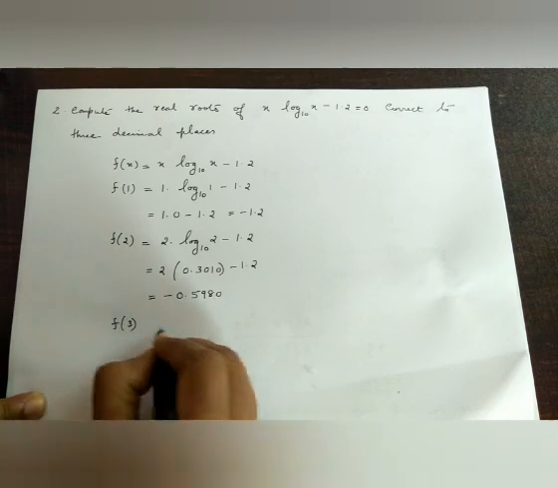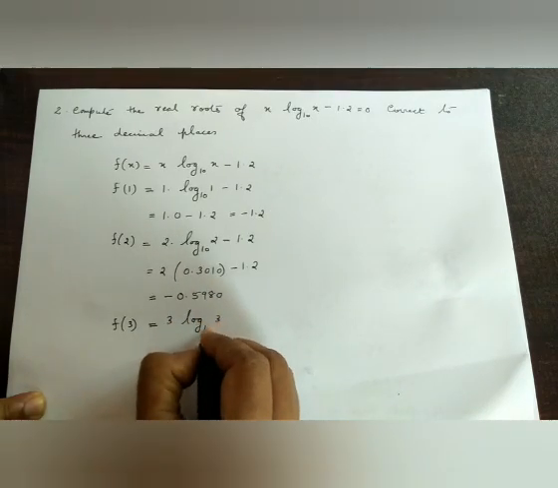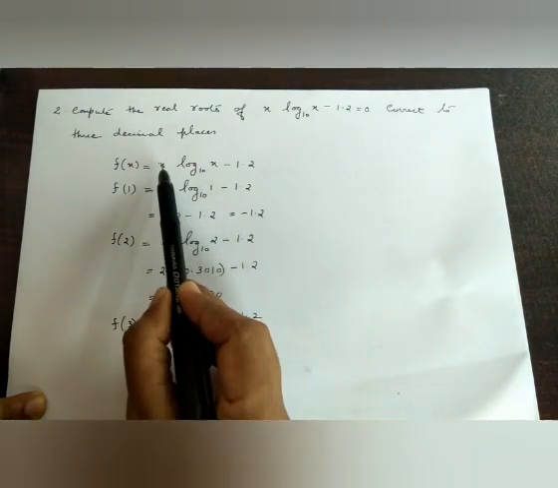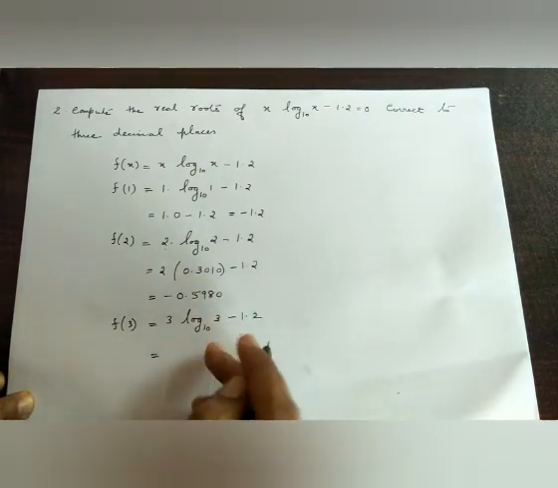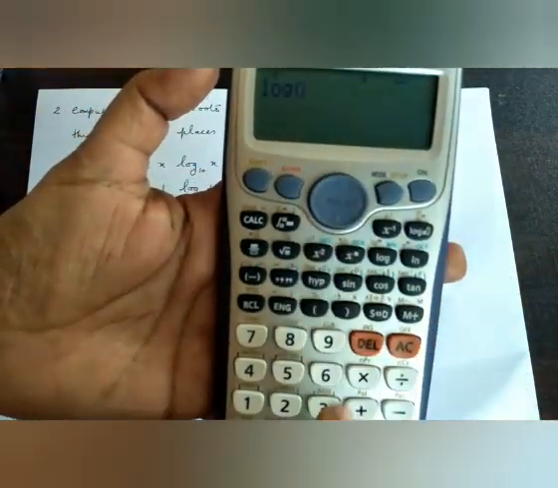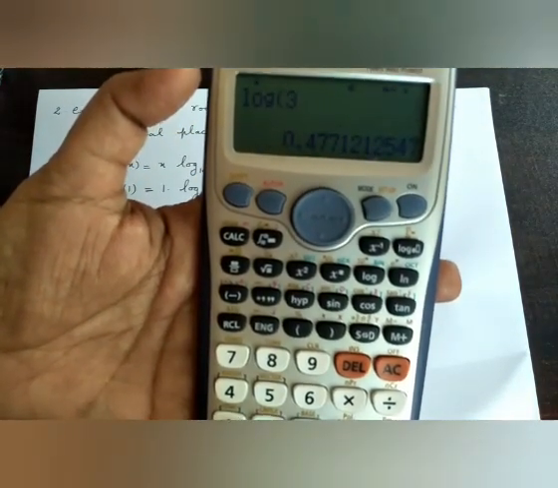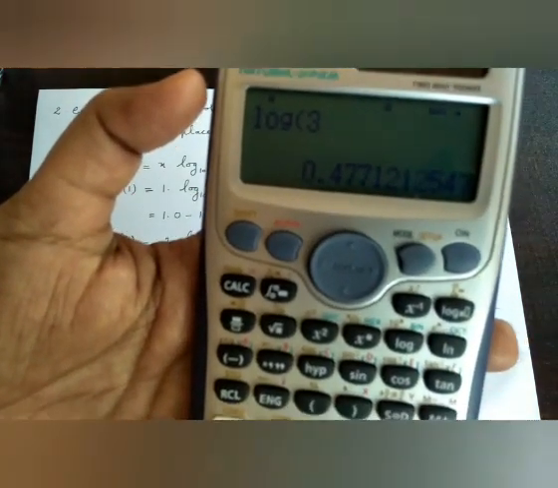Therefore we will take the third value to get a positive value, that is 3 log 3 to the base 10 minus 1.2. Here putting x is equal to 3, we get 3 log 3 to the base 10 minus 1.2. We can calculate the value of log 3 with the help of a calculator, that is again taking log 3, which is equal to 0.4771.